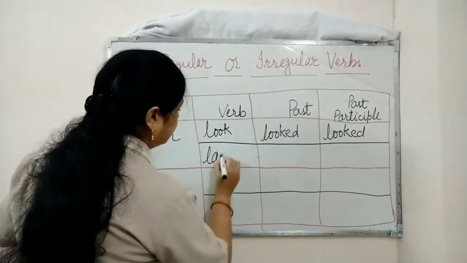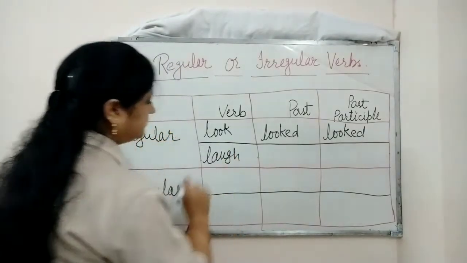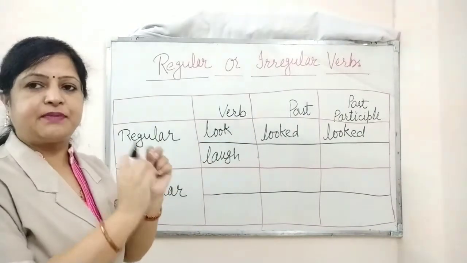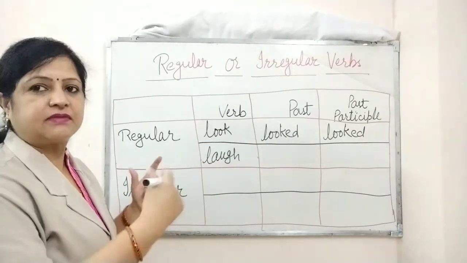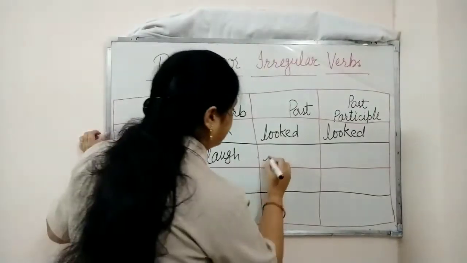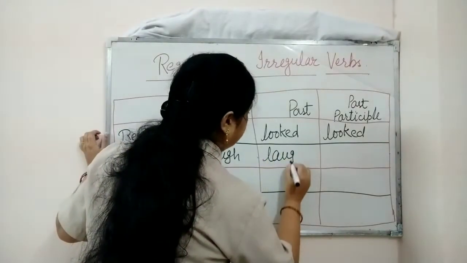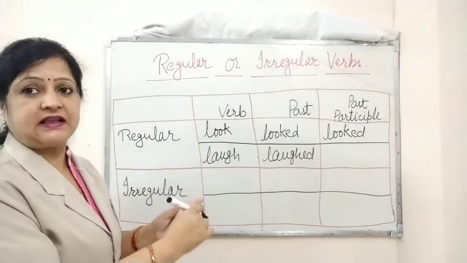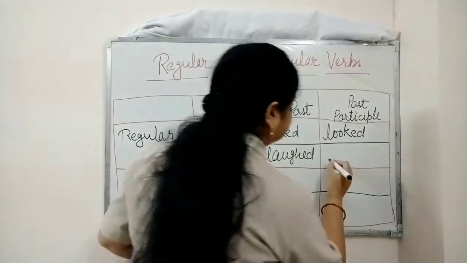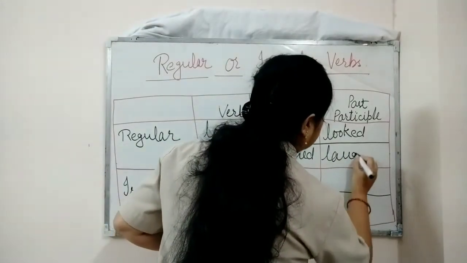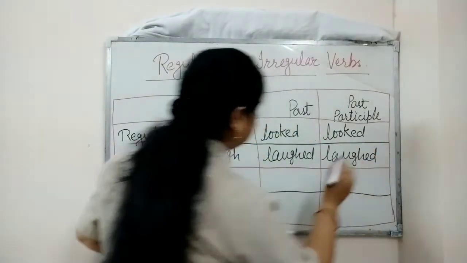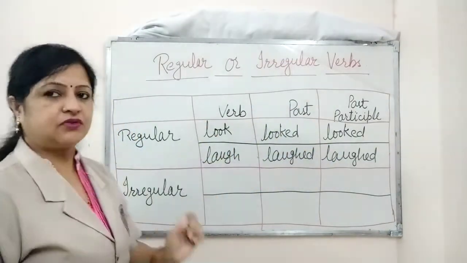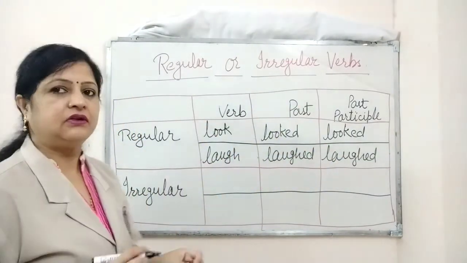Here I am writing laugh. We will simply add ed to form the past form of laugh, so the past form is laughed, and again the past participle form will also be laughed. So here laugh, laughed, laughed. So this is about regular verbs.